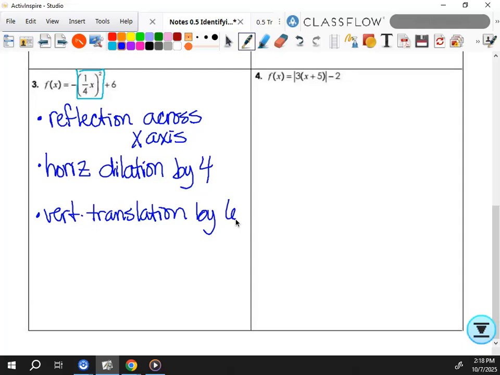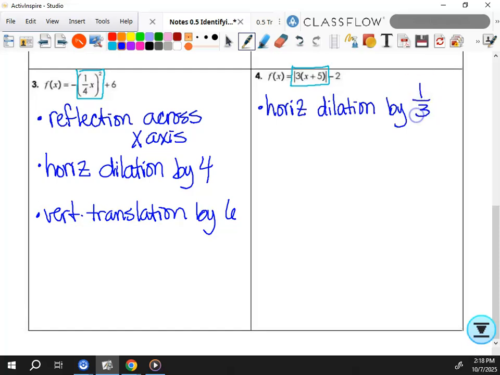Okay. So then on 4, we have this absolute value. So everything inside the absolute value there, I'm just going to box the whole absolute value, really. So I come across that 3 first. It's inside, that makes it horizontal. So horizontal what? Dilation by 1/3.